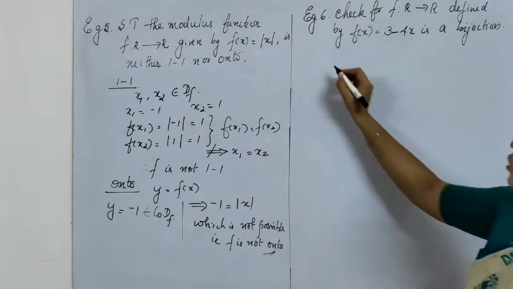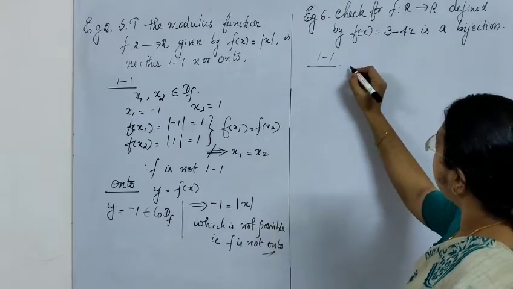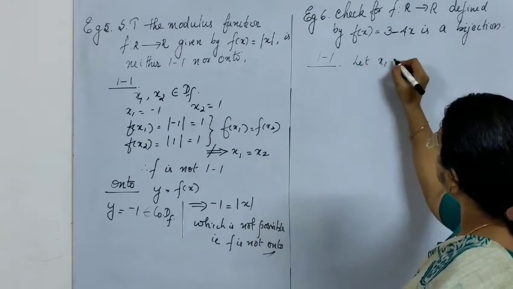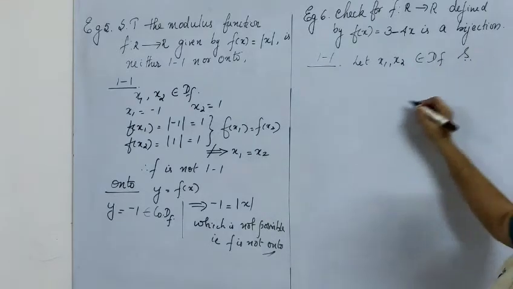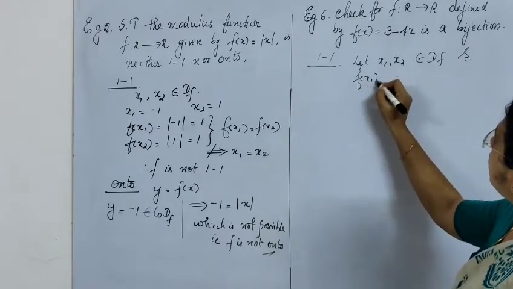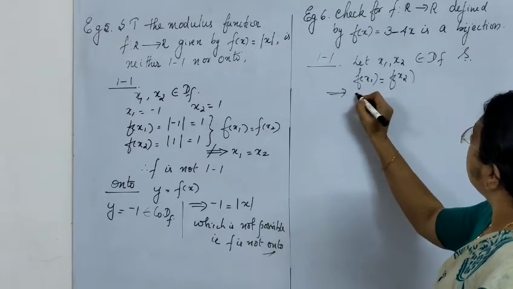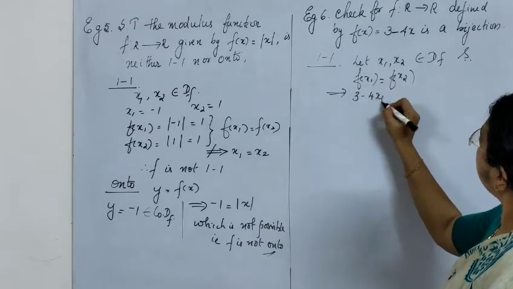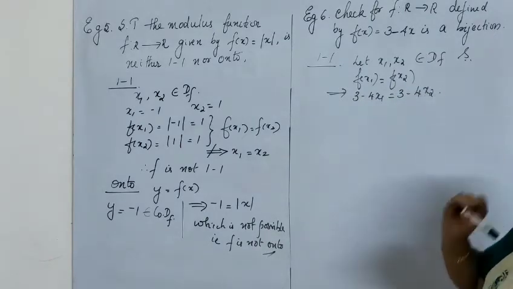Okay, fine. Now checking for 1-1. To check whether the function is 1-1, I take x1, x2 belonging to the domain of the function such that f of x1 is equal to f of x2. This implies 3 minus 4x1 is equal to 3 minus 4x2, right?